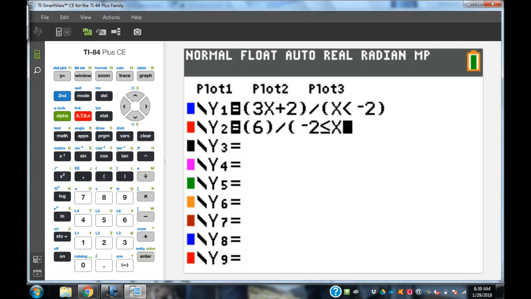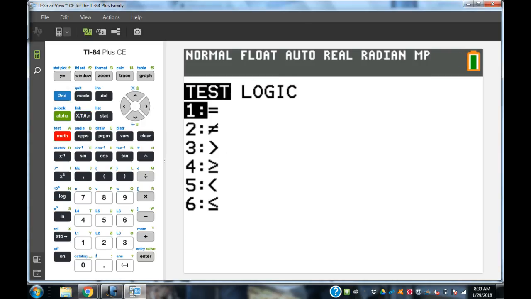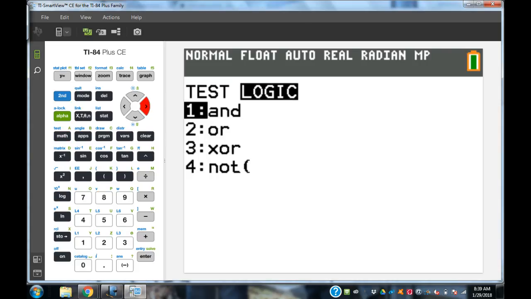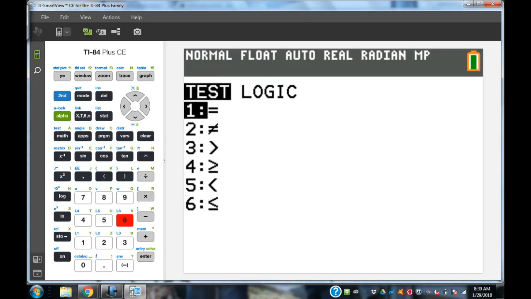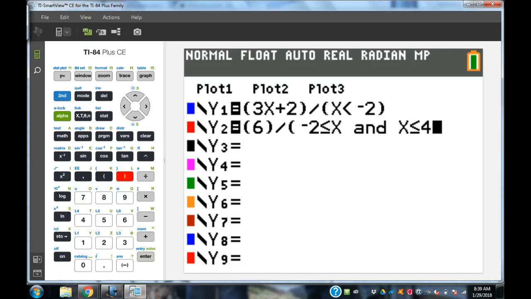And then you're going to put the and in there, which is second math. Go over to logic and click and. And then x is less than or equal to 4. So x is second math less than or equal to 4.